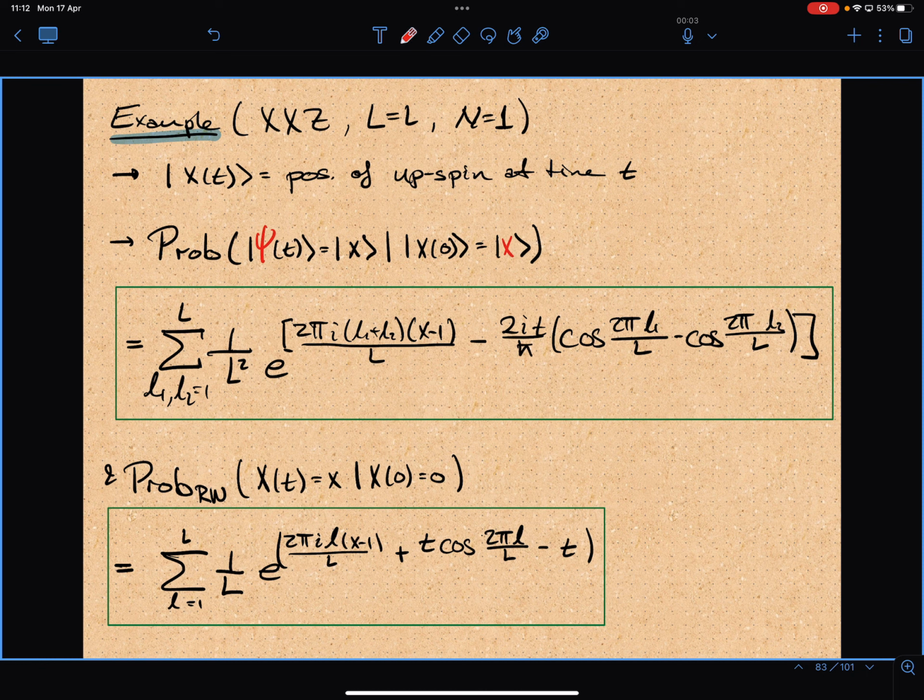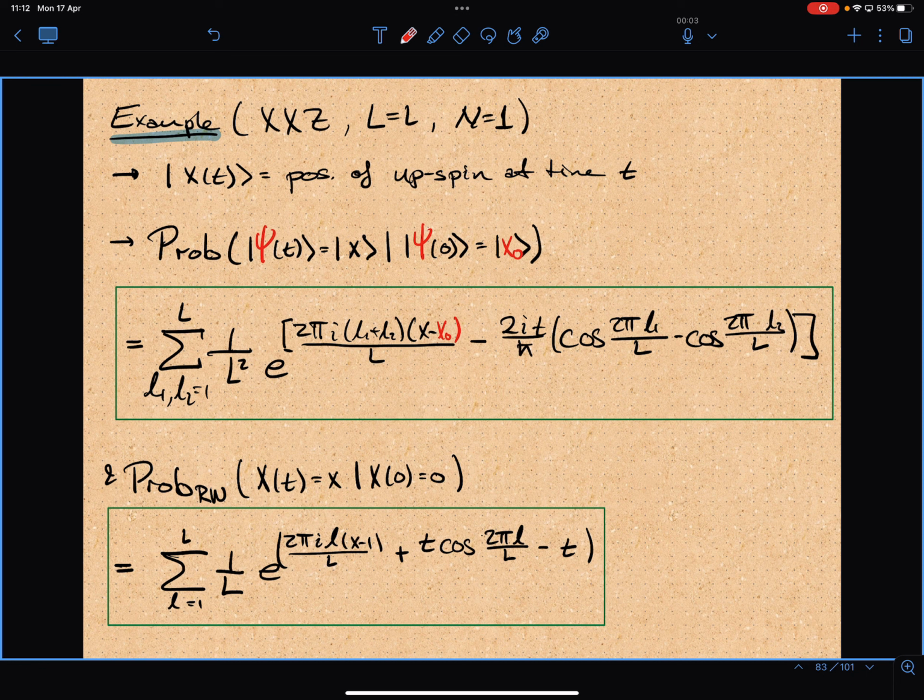What's the probability that the upspin is measured at position x at time t, when we start the system at position x naught? Actually this is x minus x naught. All right, I think that's correct now.